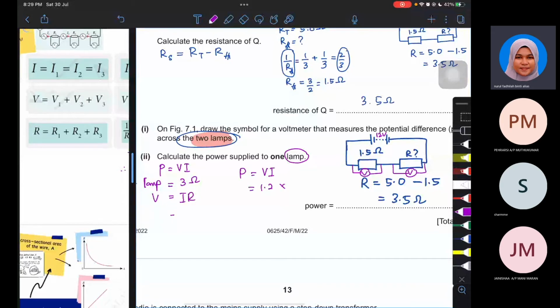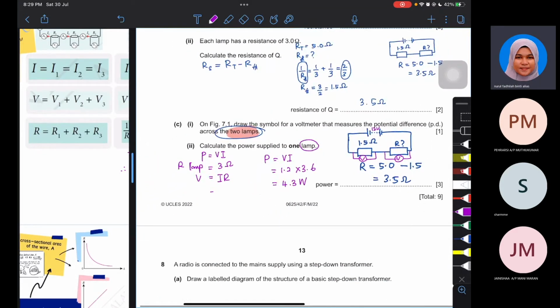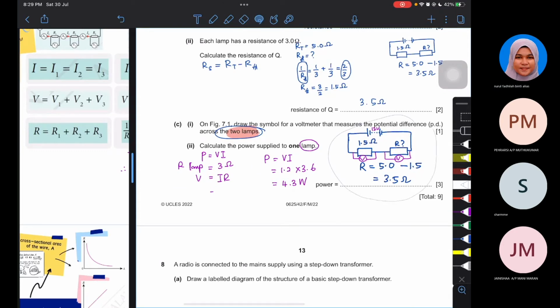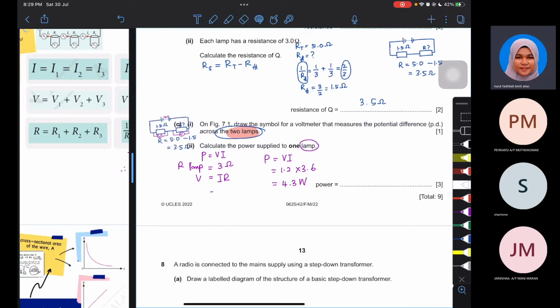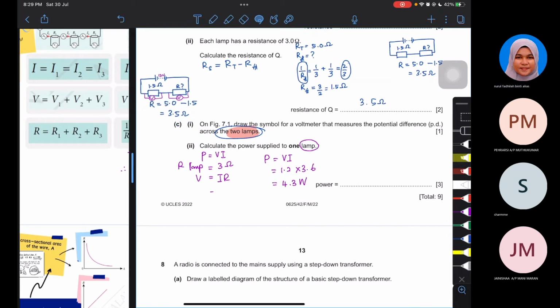and then kita dapat, therefore P equals to VI, dapatlah 1.2 times 3.6, jadi dapat 4.3 watt. Dapat tak? 4.3 watt. Okay, yang ni jalan kerja je lah, tunjuk kat sini. Okay.